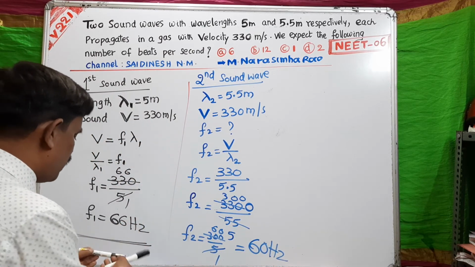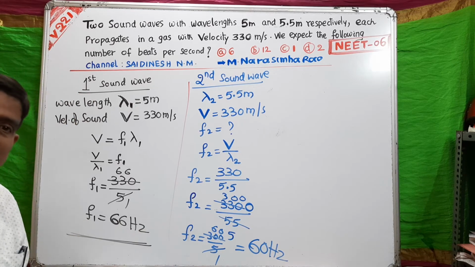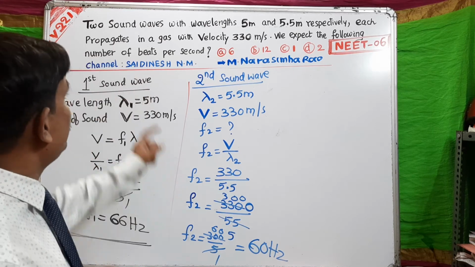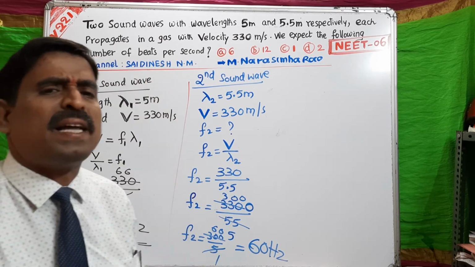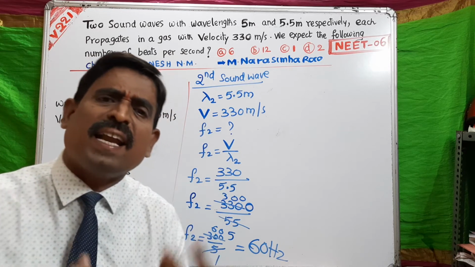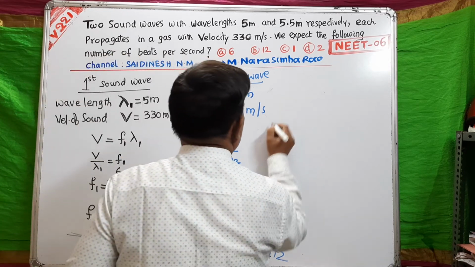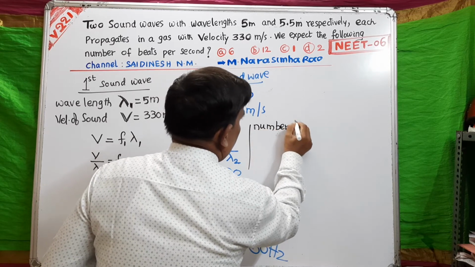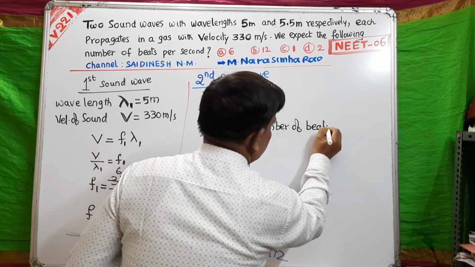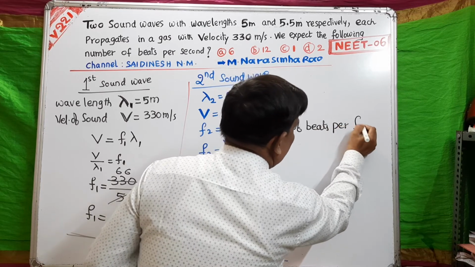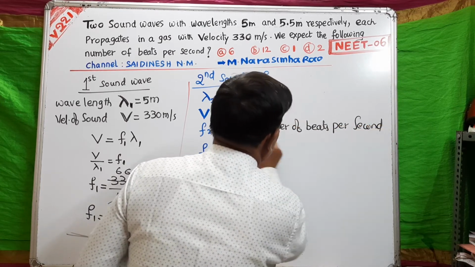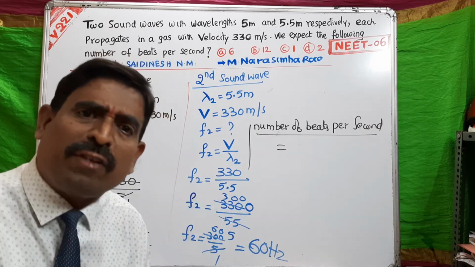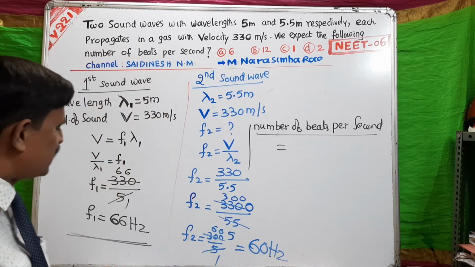Now please listen. F1 we got 66 hertz. F2 we got 60 hertz. They are asking number of beats per second. Nothing but difference in frequency. More value of frequency minus less value of frequency.